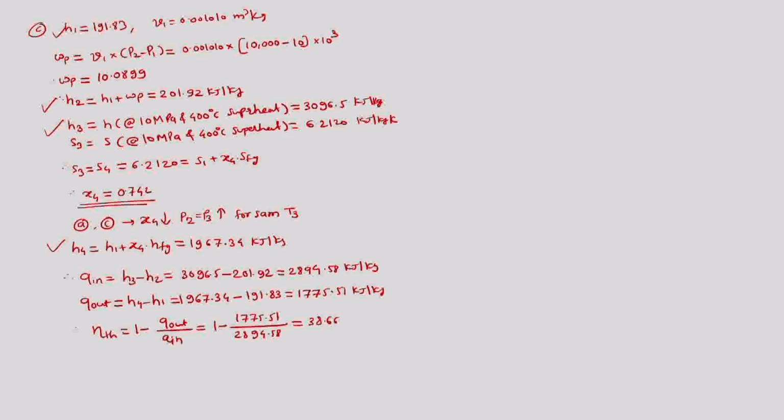Here as well we can make a small conclusion. When we compare examples A and C, we can see that thermal efficiency has increased from a value of 34.11 to 38.66 for the same T3 and an increase in P3, since here as well the mean temperature of heat addition has increased. We will move to the next example.